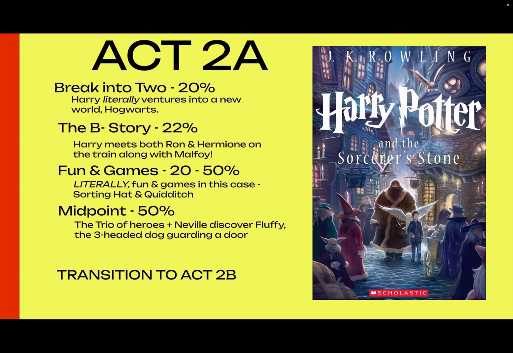What is the setup? Setup is the grounding of the audience in a story, establishing why the hero needs to change in the story. We meet the mentor figure. Generally speaking, this is a character like Hagrid who comes into Harry's life and changes it forever. In the setup of Harry Potter and the Sorcerer's Stone, Harry's life is very miserable.